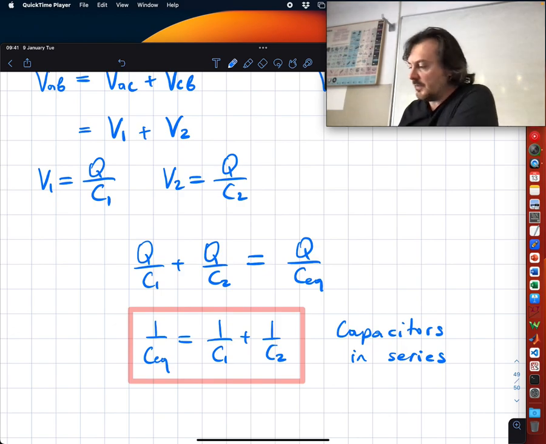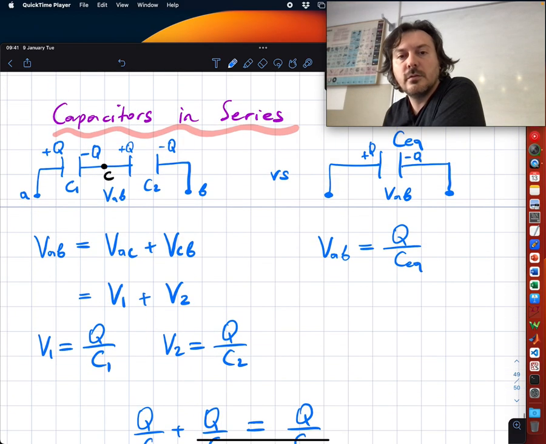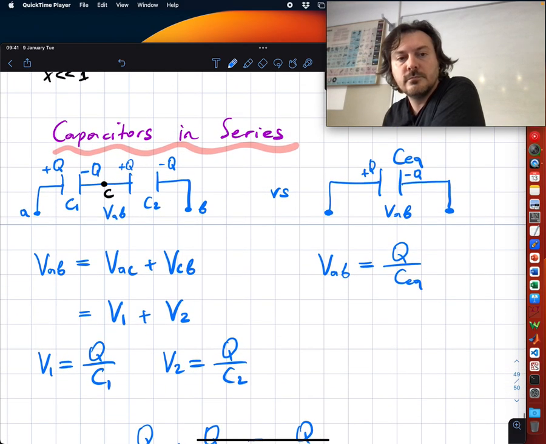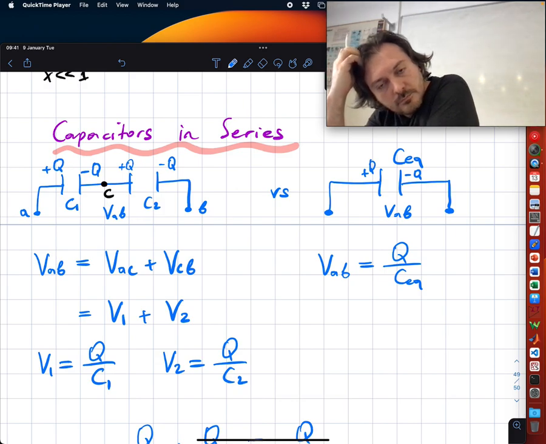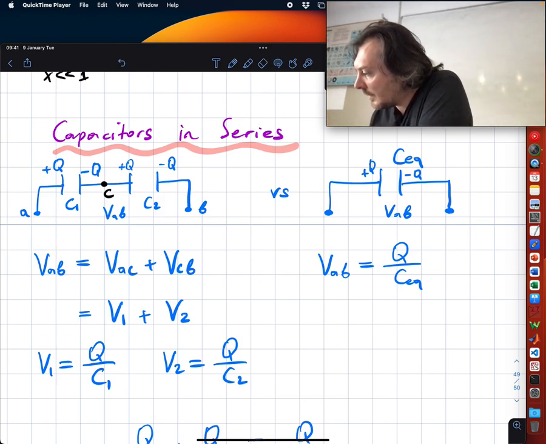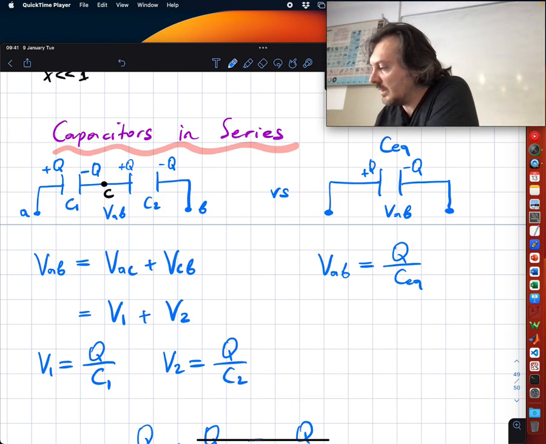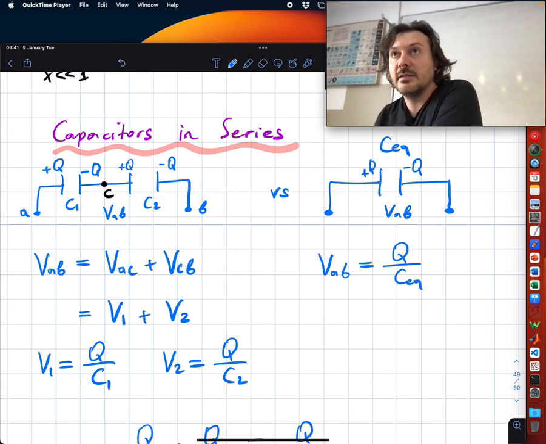Let's look at capacitors in parallel if you have no questions. Yes. Minus Q here, and C equivalent is the equivalent capacitance of that system.